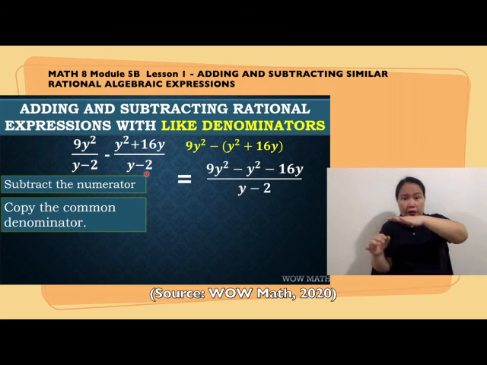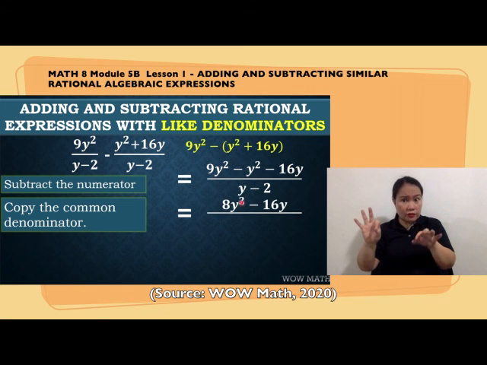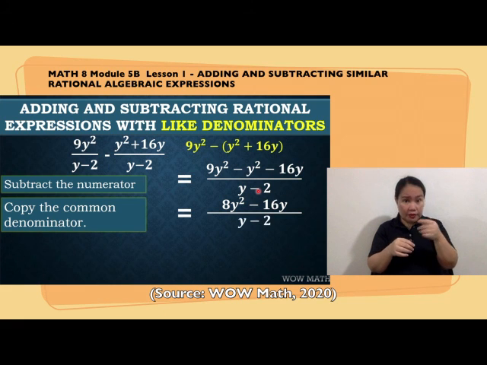So, we have y minus 2. So, now, we will combine similar terms. Okay. So, since pareho naman silang y squared, so 9 minus 1, that is 8y squared minus 16y. So, hindi natin to pwedeng i-combine doon kasi this is only on the first degree. Okay? And then, copy your denominator.